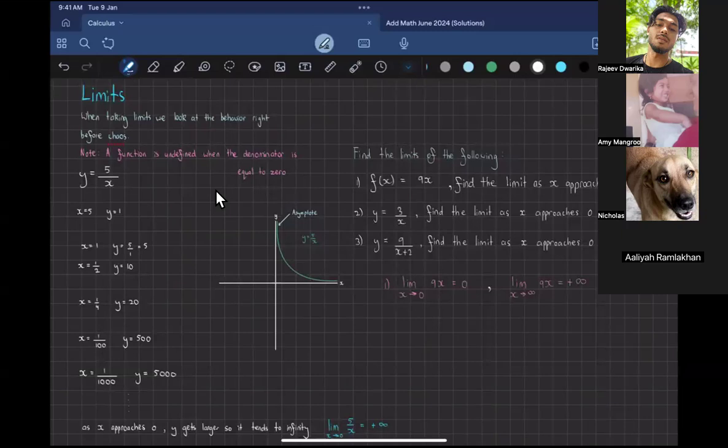Think of it like, as x approaches 0, the fraction is getting smaller and smaller and smaller. So wait, it won't be 0? But I'm asking a question. How many zeros would it take to make 3?